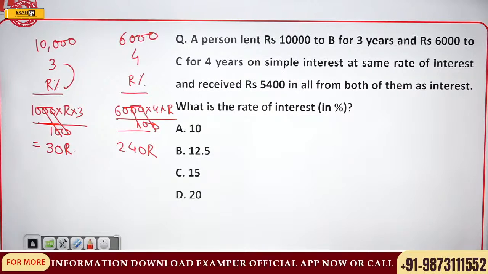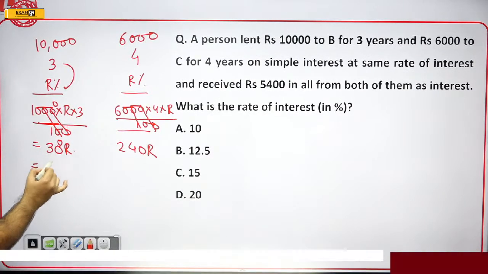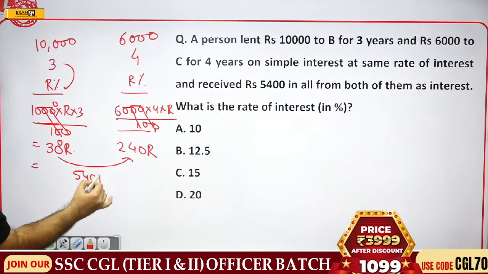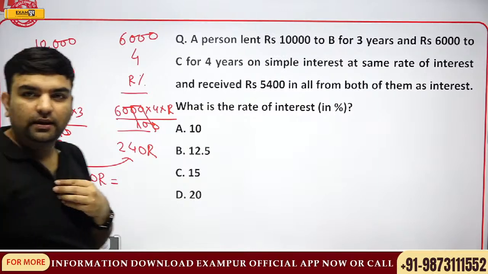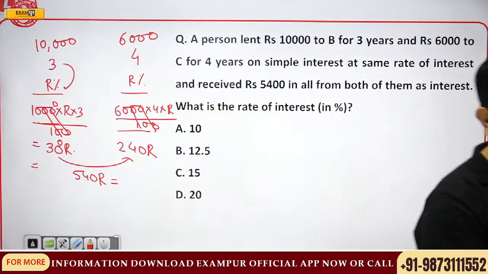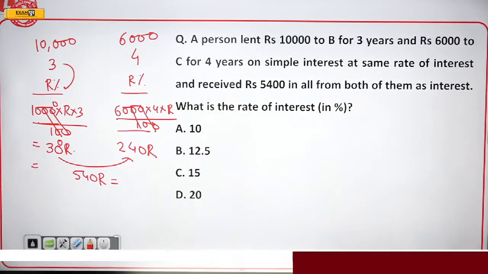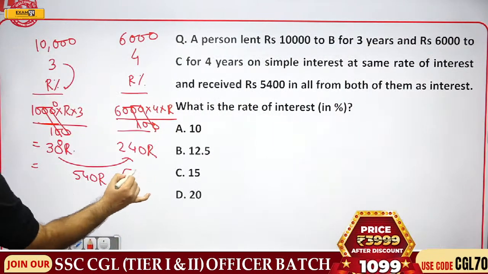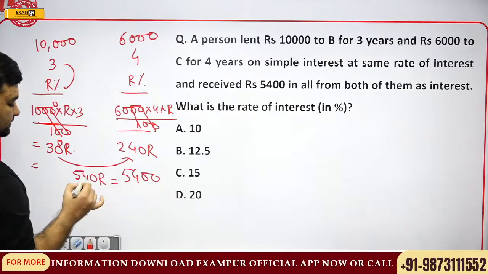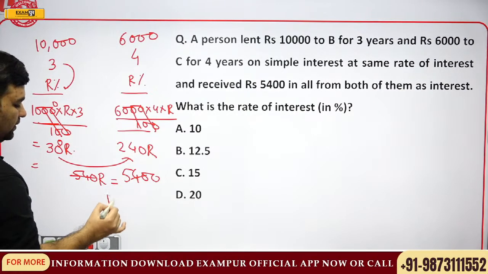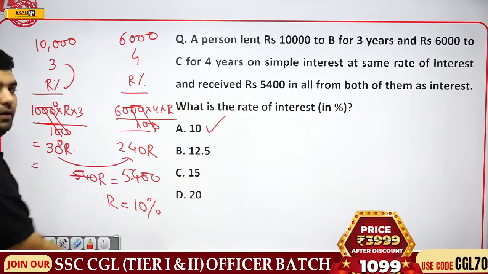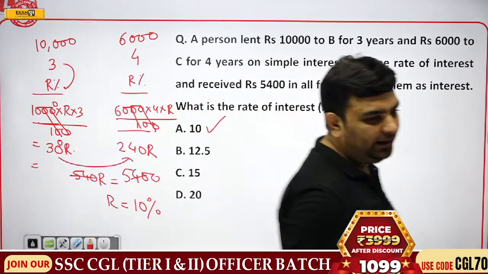One more zero, so 300R. 300 plus 240 is 540R. Total interest 540R, which is given as 5,400. My dear friends, it's pretty easy now.